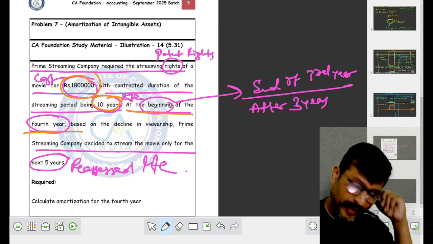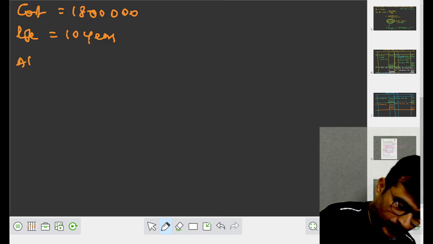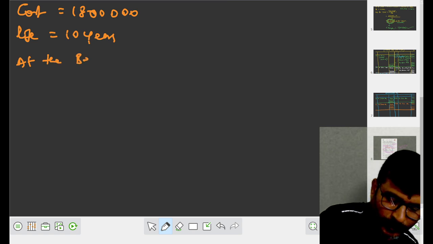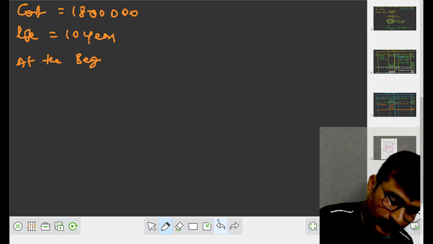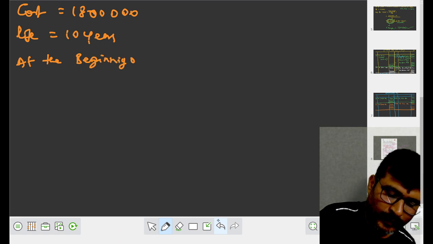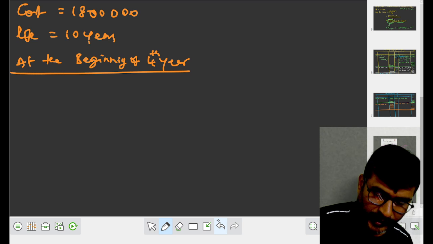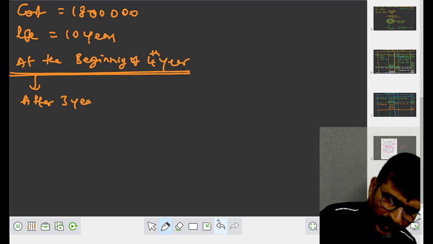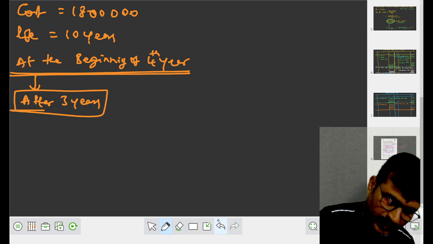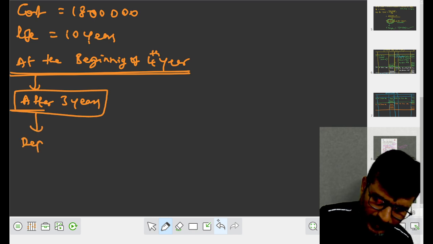At the beginning of 4th year, when? At the beginning of 4th year. At the beginning of 4th year means after 3 years.